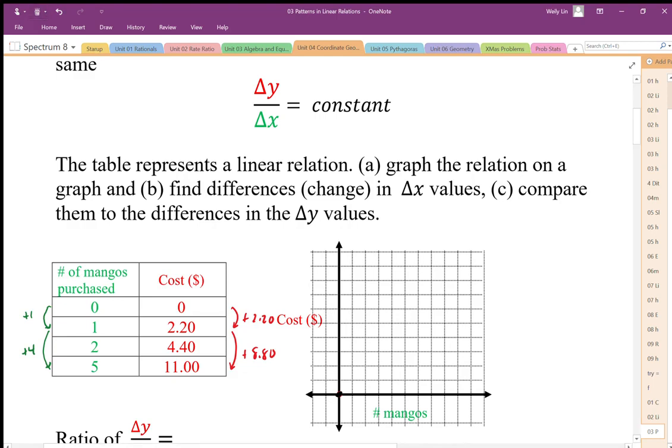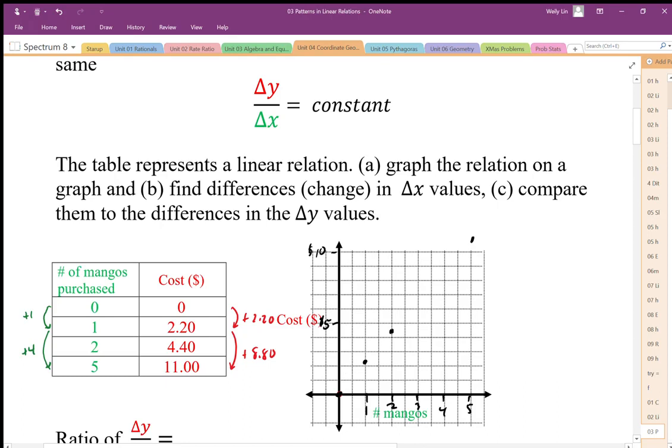So when I graph these points, if I put my x-axis here, 1, 2, 3 mangoes, 4 mangoes, 5 mangoes here, and we'll make this 1, 2, 3, 4, $5 here, and that's going to be $10 here. We're going to go a little bit over that, but 0, 0, 1, and 2.2, 2 and 4.4, somewhere around there, 3 or 5 and $11, somewhere around there.